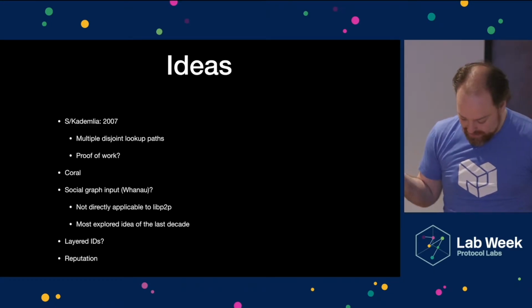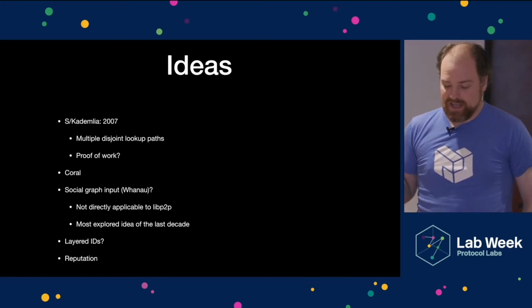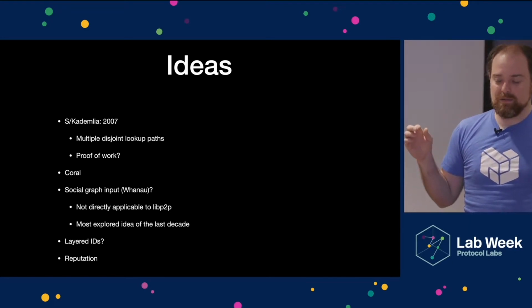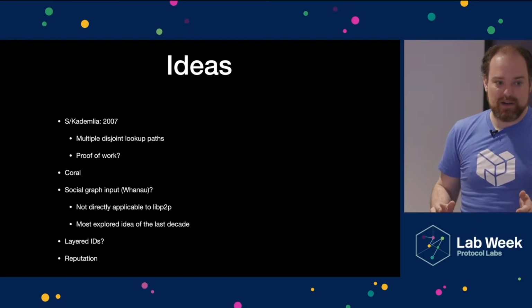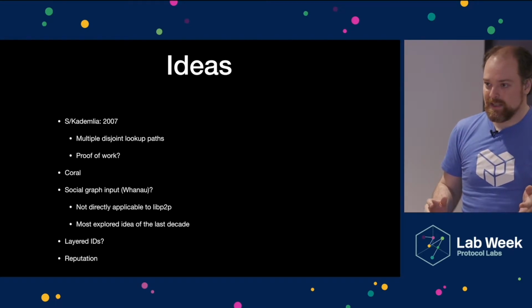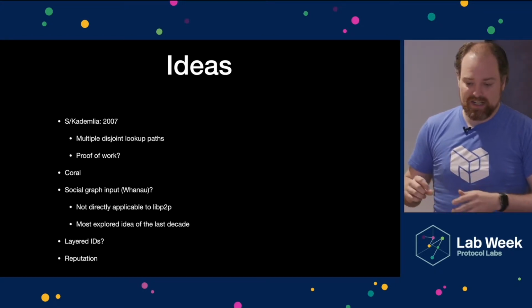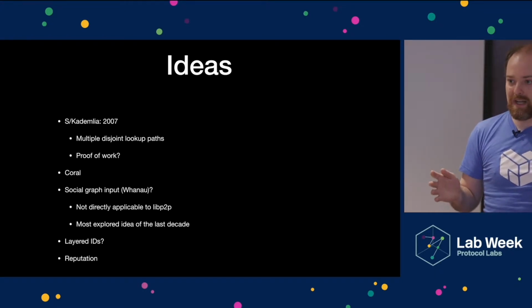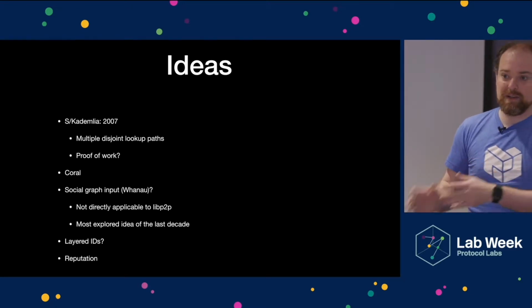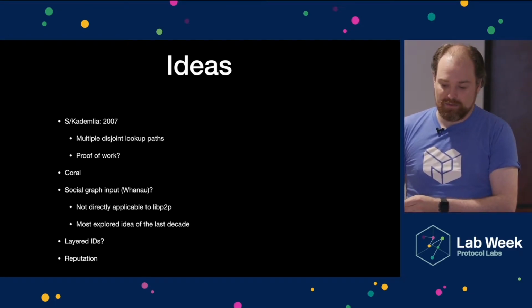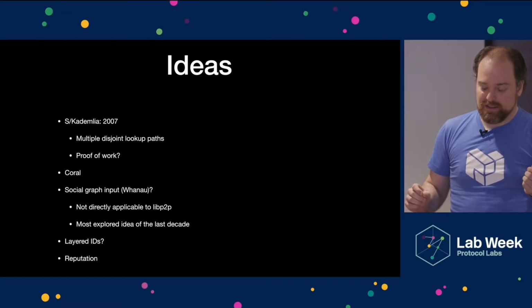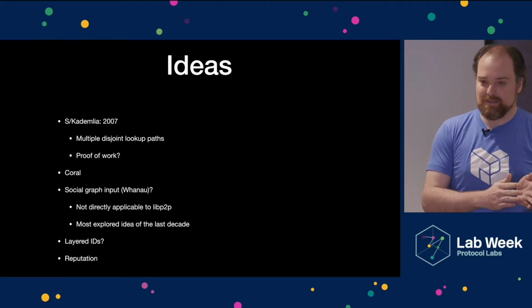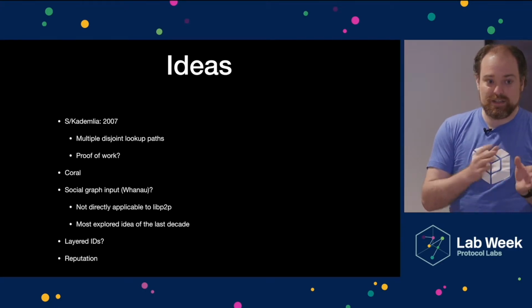Next, I think the first thing to look at is what we should be doing that we're not right now. And there are a few of those things. The original Kademlia is by far the most widely used architecture for DHTs these days. There was a follow-up called S-Kademlia, and it proposed a number of things. One was making lookups follow multiple disjoint paths.